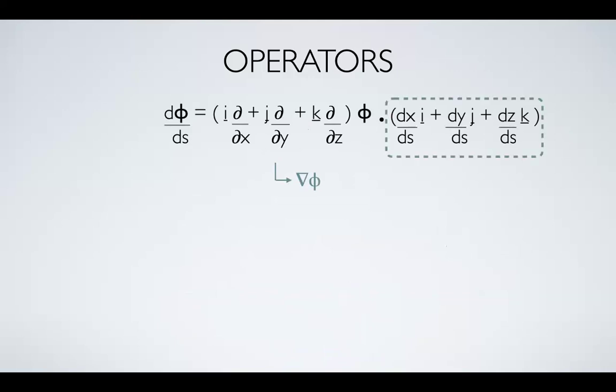And let's take a look at the second term here that I circle, okay? dx by ds i plus dy by ds right here.